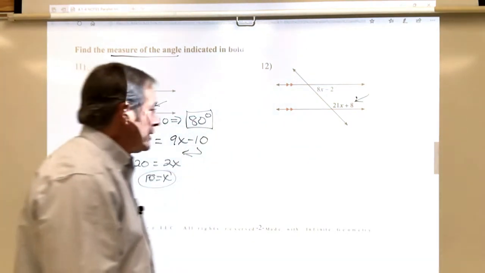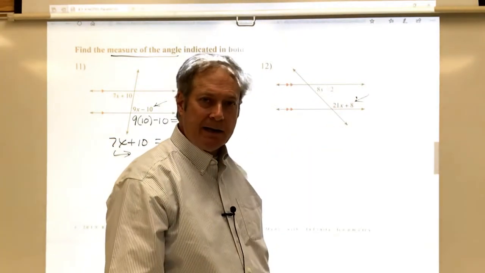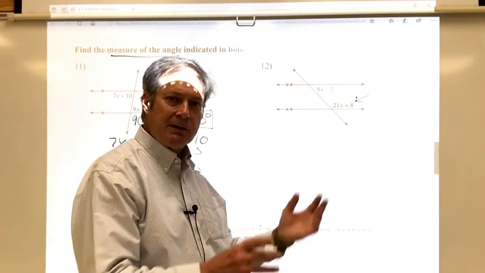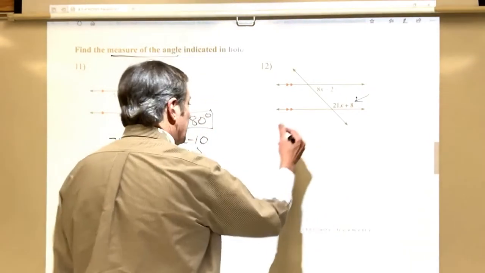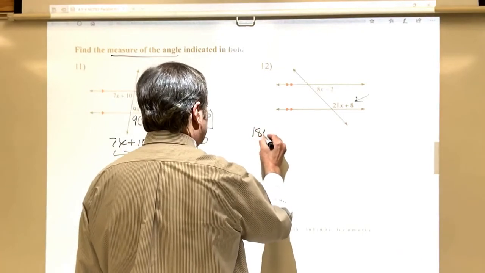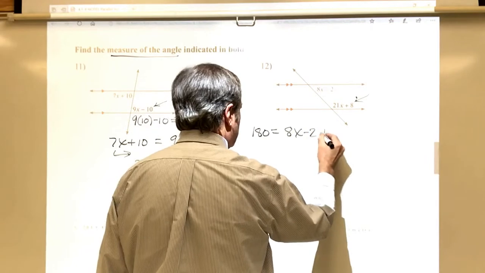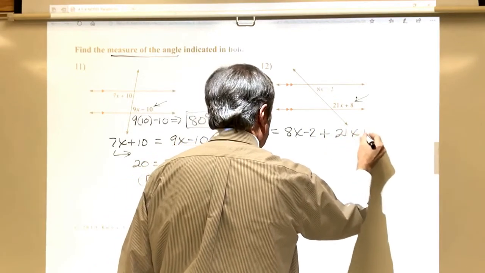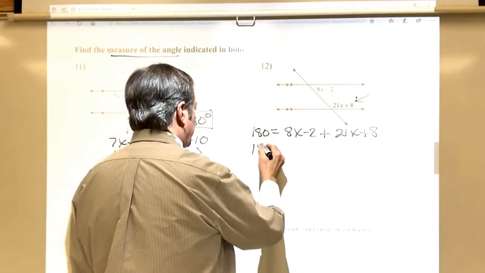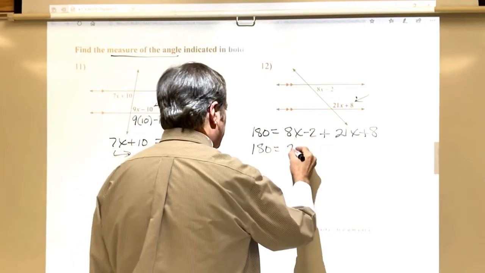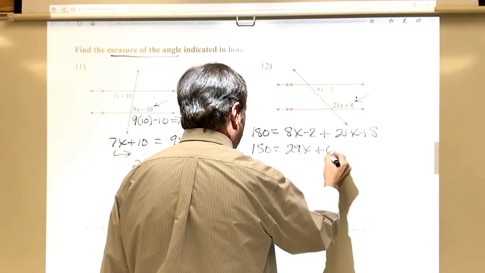All right, example 12. They're both on the interior, they're on the same side. So again, this is the exception. These two are supplementary, they add up to be 180. So to solve for x, we're going to say 180 is equal to the sum of these two things. And combining like terms, we get 8x plus 21x is 29x, negative 2 plus 8 is positive 6.